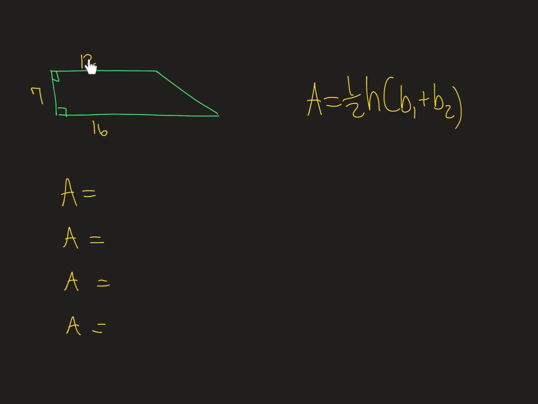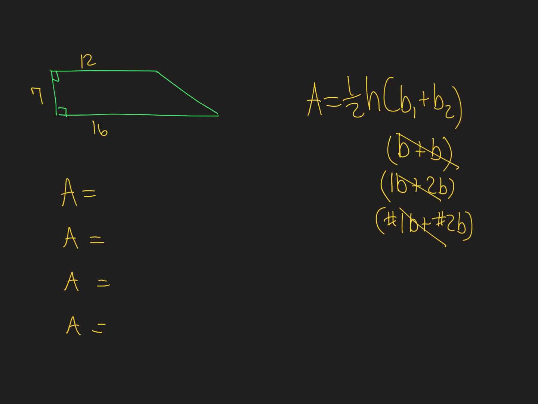I can't write B plus B because that means something else in math. I can't write 1B plus 2B like first and second because that means something else in math. There is no such thing as number 1B and number 2B. That's just silly. So what math people do is use these little tiny numbers, subscripts. Base number 1 plus base number 2.